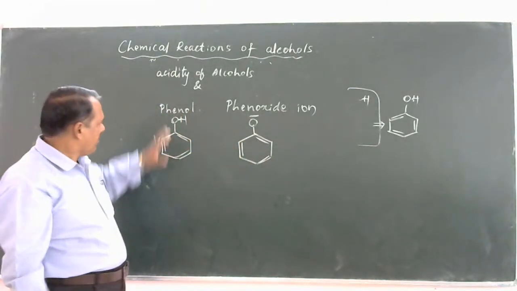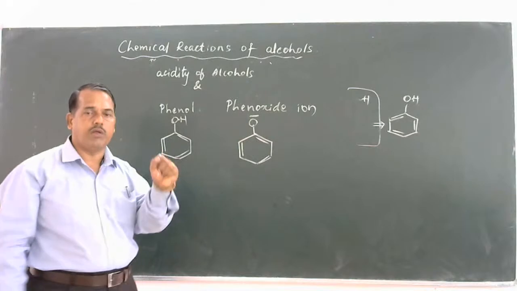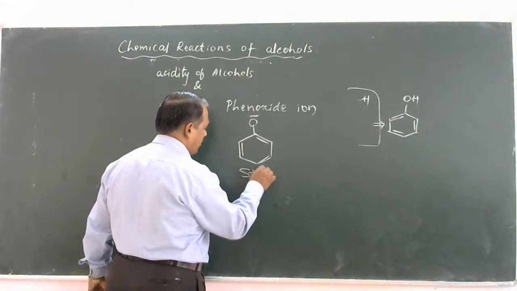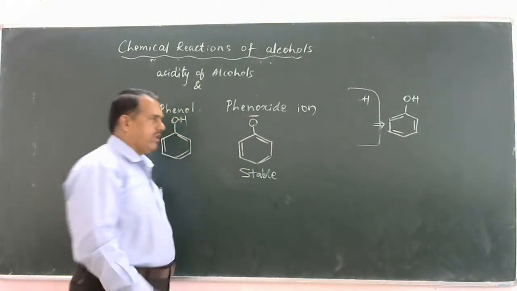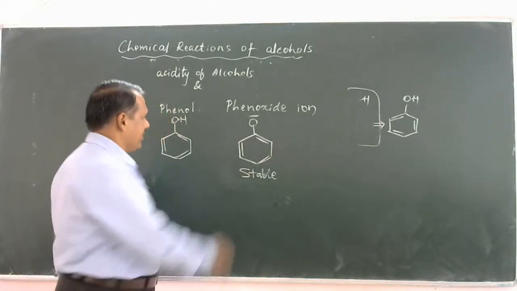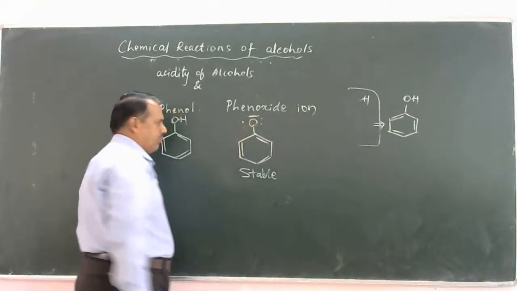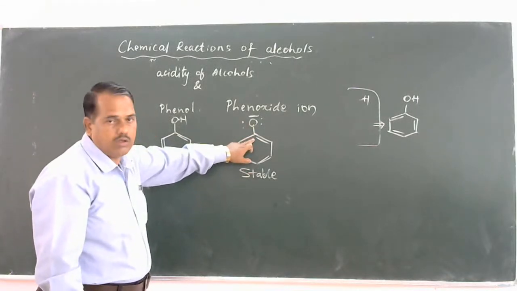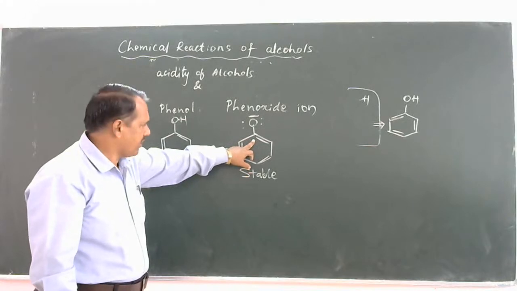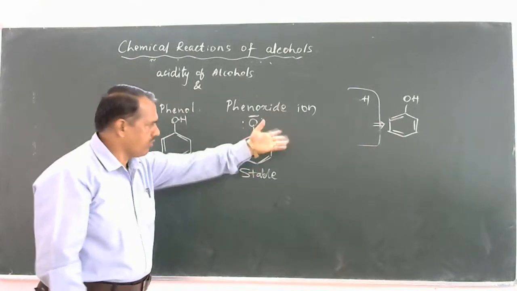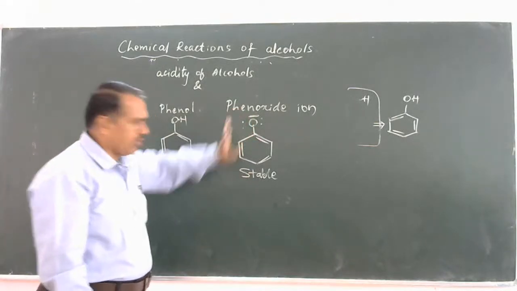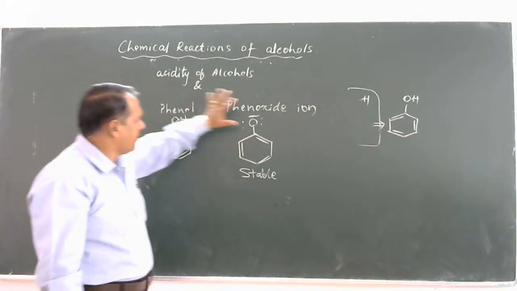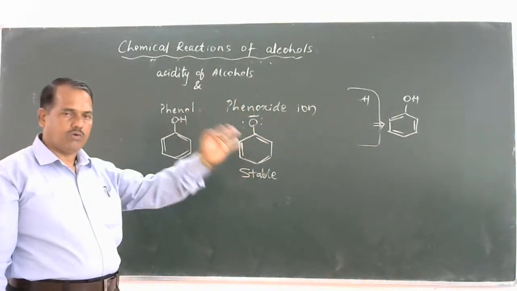Among phenol and phenoxide, which is stable? Phenoxide ion is stable. It is again due to resonance. We can easily write the resonance. As a negative charge is here, with a lone pair of electrons, and this oxygen is bonded to the sp2 hybridized carbon of the benzene ring, resonance is possible. As the negative charge electron cloud is more on the phenoxide ion, among phenol and phenoxide ion, phenoxide is more stable.